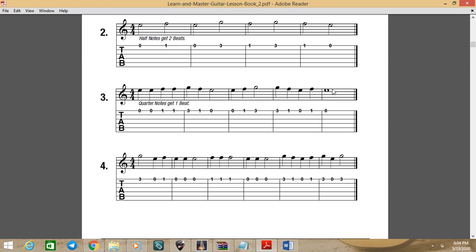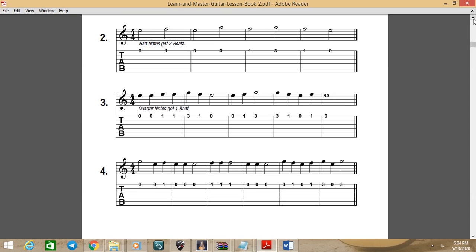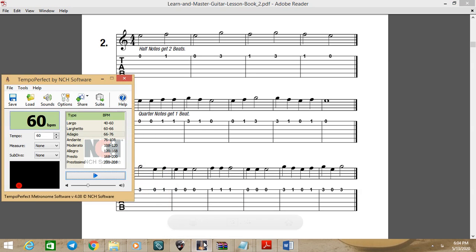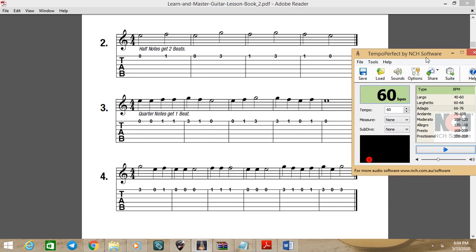You should practice all of the exercises from page 9 up to the end of page 13 in this way. After you have control of your rhythm reading, you should use a metronome for more accuracy, and for example put the metronome number on 70, then play it. 3, 4.